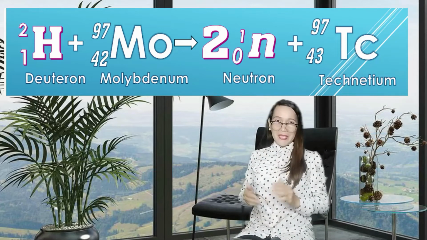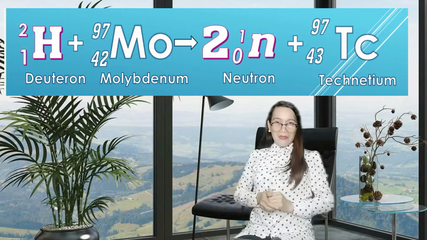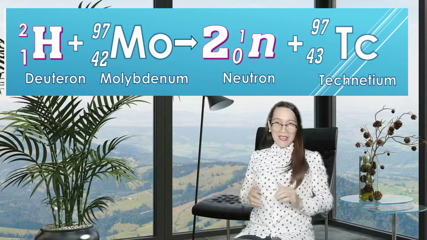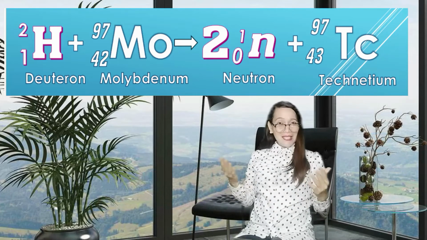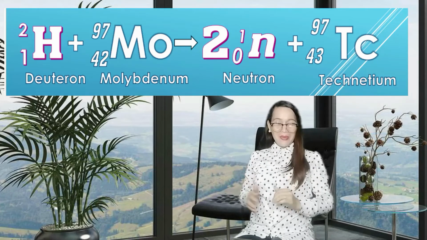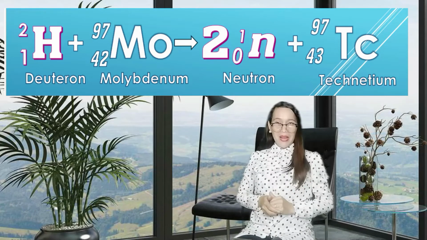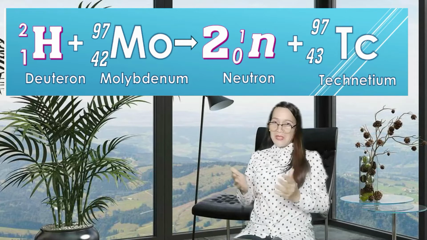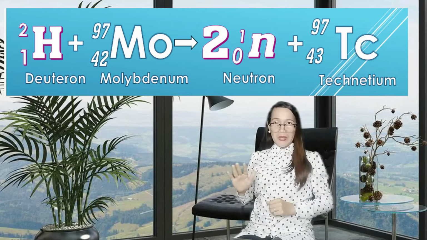However, the number at the top of molybdenum tells us the mass number of the element. If you count the number of protons plus neutrons, it is equal to the mass number. The number below tells us the atomic number of the element. Suppose you add one more proton here, it will no longer be molybdenum.